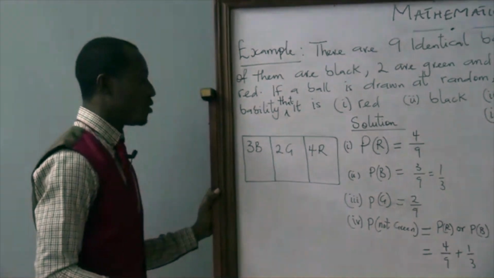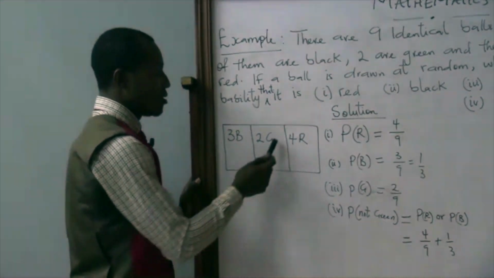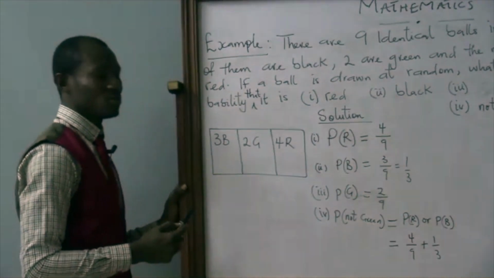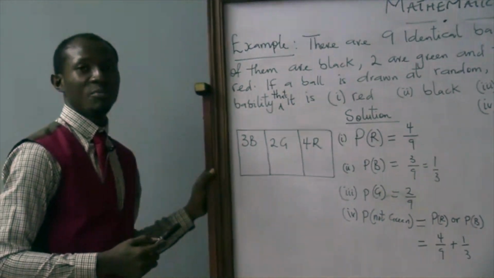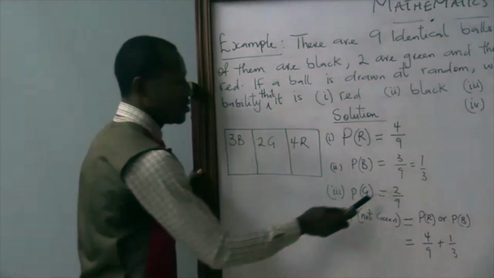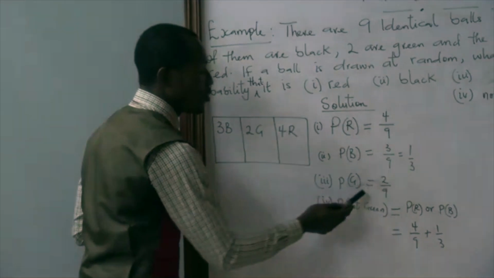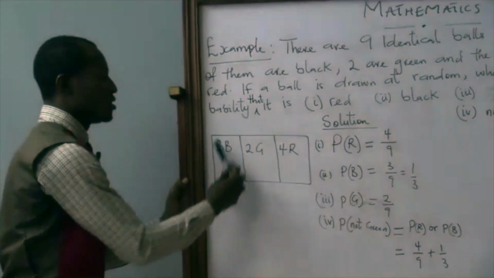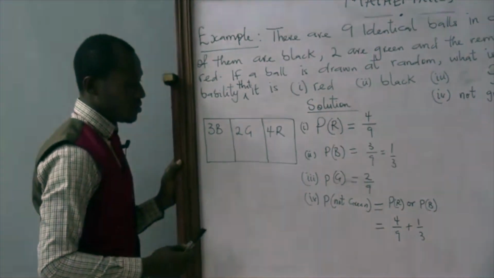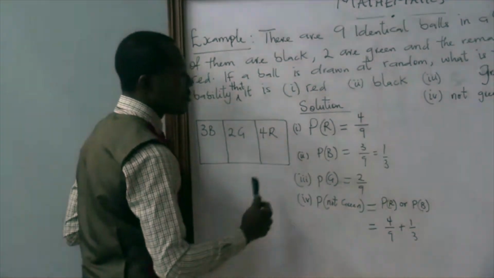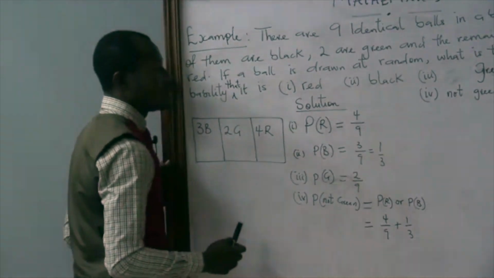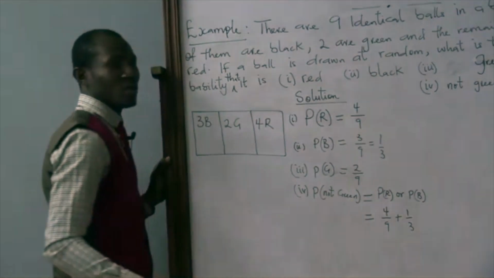Probability of picking a green ball, the same way: 2 favors green. There are 2 green balls in the bag, so the favorable outcome is 2 and the total possible outcome is 9. The next one says the probability of not picking a green ball.